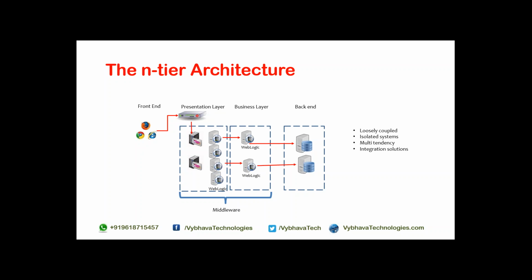So whenever I send a request, it goes to the managed server, not to the admin server. Requests never go to the admin server in production systems. In a live environment they never go to admin servers.